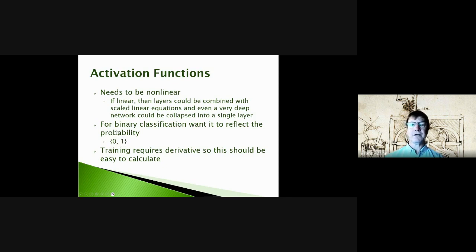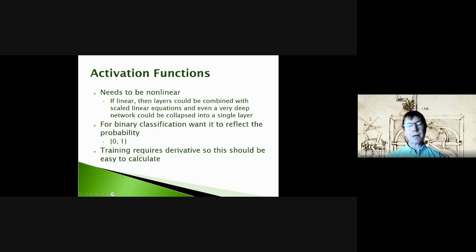So the activation function is going to either range in output values from 0 to 1, or at least be able to be easily scaled to that range, so that it can be used as a probability predictor, right?